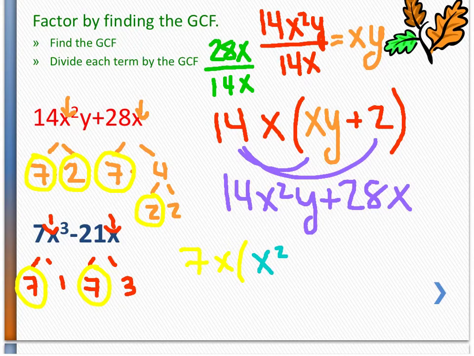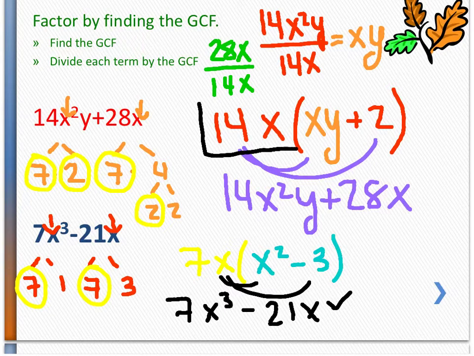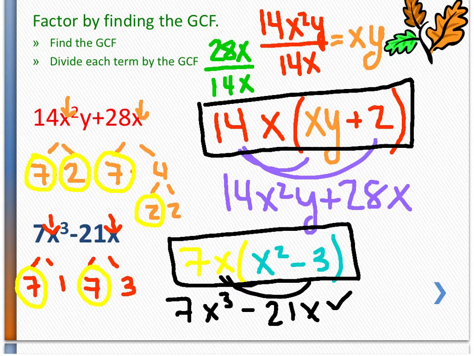And then negative 21x divided by 7x is going to leave me with negative 3. Now, notice, x squared and 3, nothing in common. If I were to multiply these guys back through, I get 7x cubed minus 21x, which is exactly what I started with, so I know that I did it correctly. Okay, so yes, you can still check your answers with these types of problems.